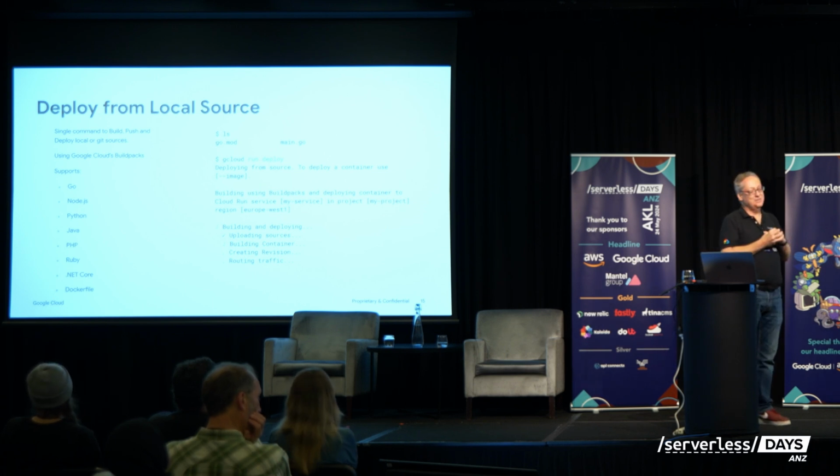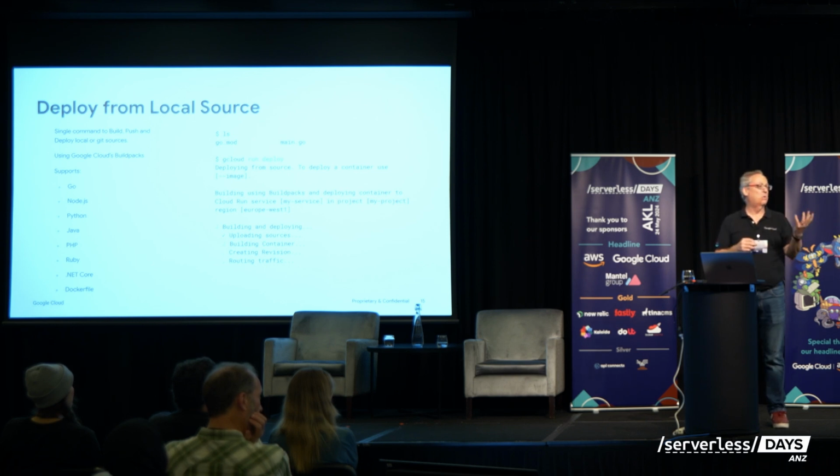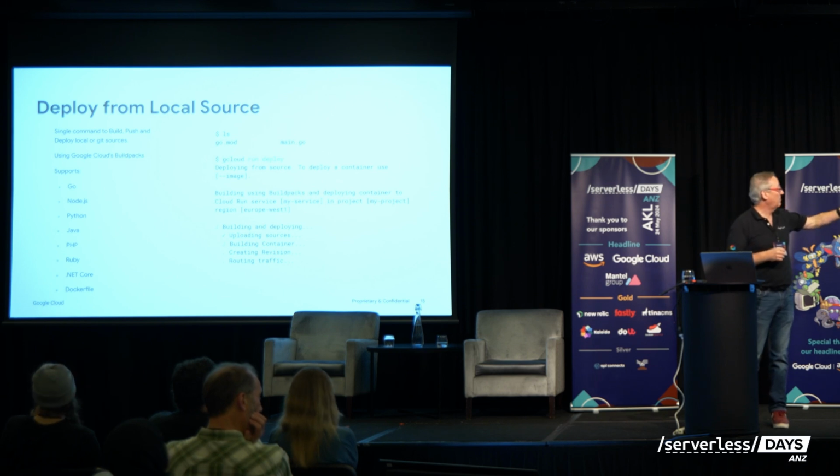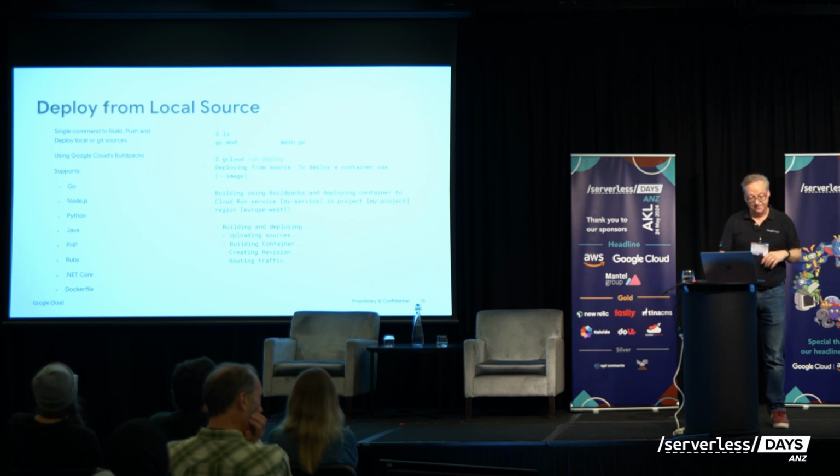So people can use it. What Buildpacks does is allow you to deploy your code from source without having to build a whole container to go with it. You just push a button, say run my source, and we deploy it.